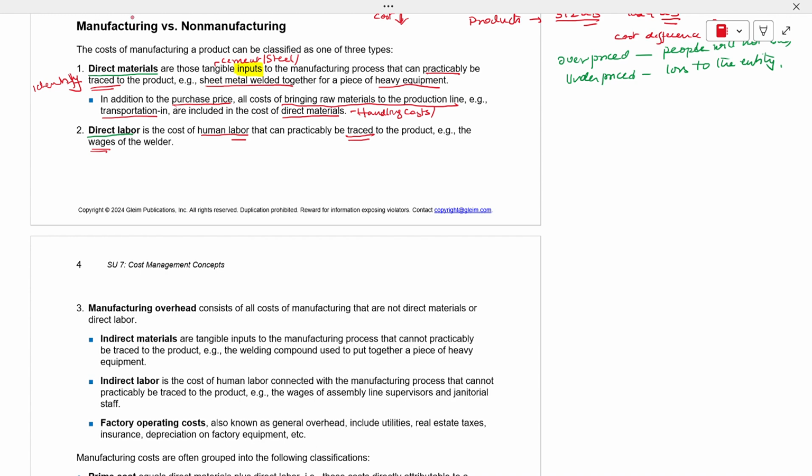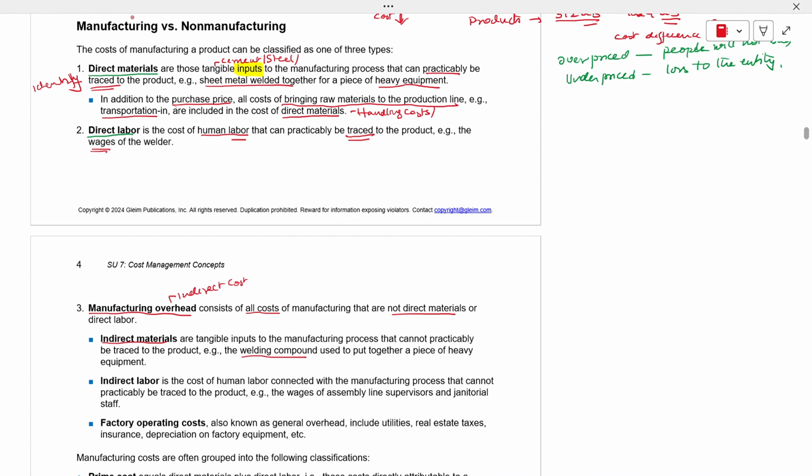Any indirect cost relating to the manufacturing is called overhead. Overheads are otherwise called the indirect cost. They consist of all costs of manufacturing that are not direct materials or direct labor. We will say indirect materials. Is there any supporting material, like welding components, welding sticks?